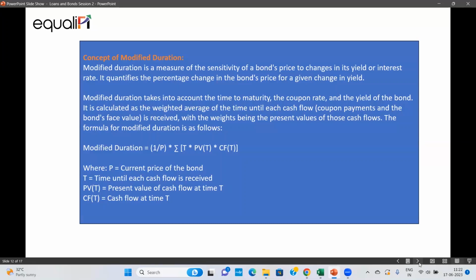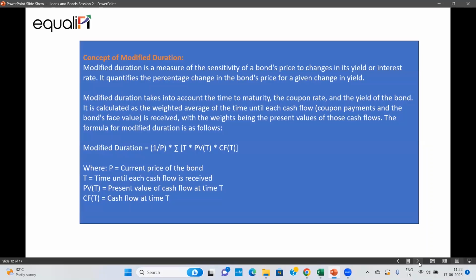For every unit of interest rate change, what is the change in the bond's price? Modified duration takes into account the time to maturity, the coupon rate, and the yield of the bond. It is calculated as the weighted average of the time until each cash flow, coupon payments and the bond's face value, is received, with weights being the present value of those cash flows.